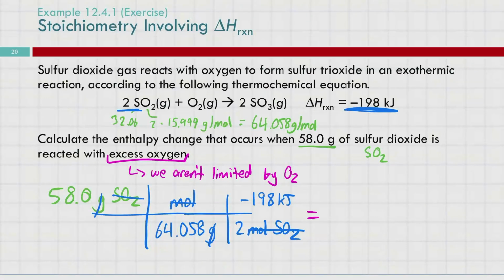And we plug these numbers in. 58 divided by 64.058 times negative 198. It's negative 179 kilojoules.